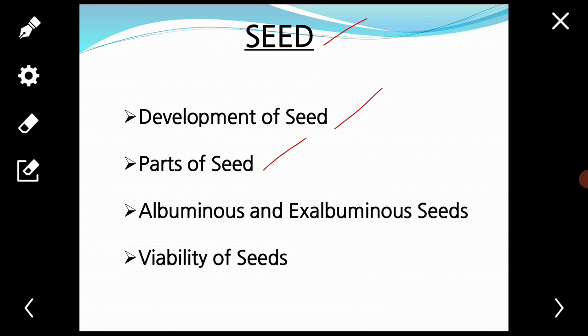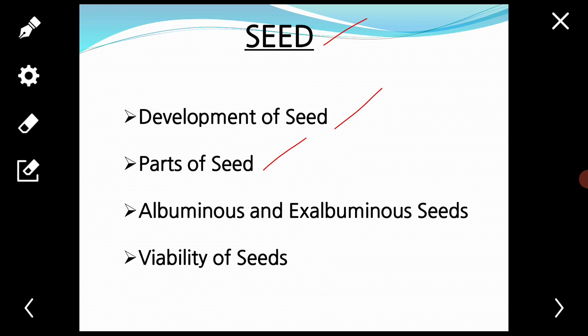The testa is developed from the outer integument and the tegmen is developed from the inner integument. If only one covering is present in the seed, it is called the testa. The testa is hard and leathery, whereas the tegmen is thin and membranous.